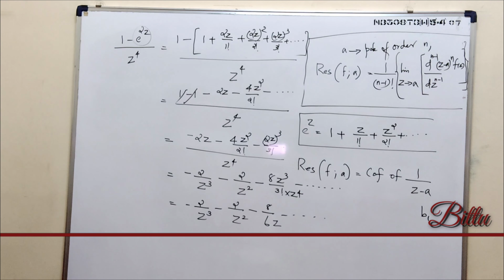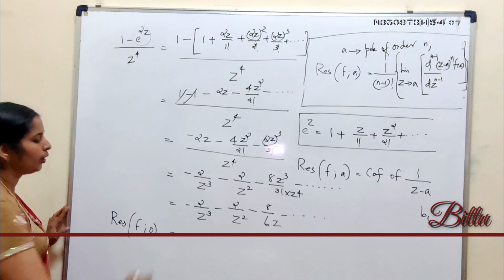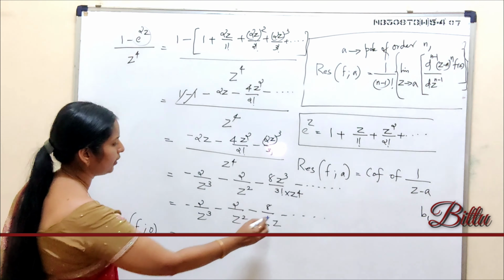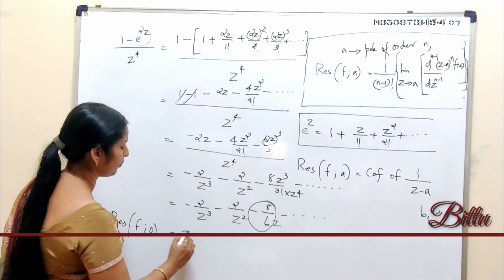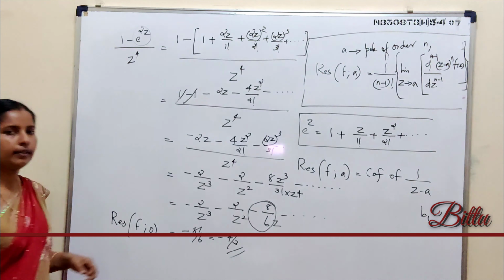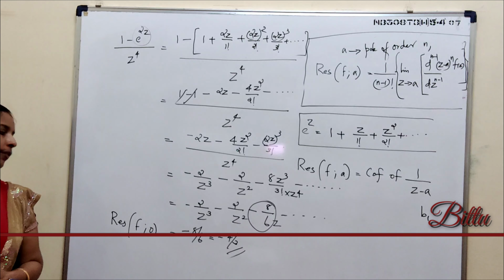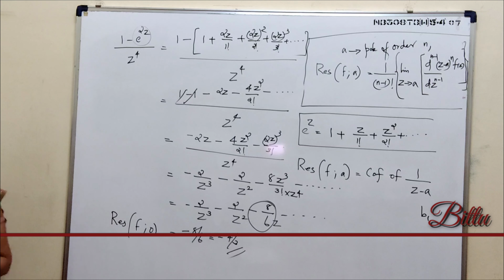See, this is the Laurent series expansion of the given function. See here, residue of f at 0 is the coefficient of 1 by z. Coefficient of 1 by z is minus 8 by 6, that is minus 4 by 3. This is another way of finding residue from its Laurent series expansion.